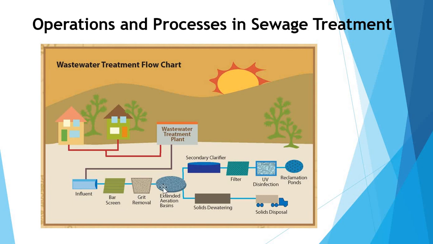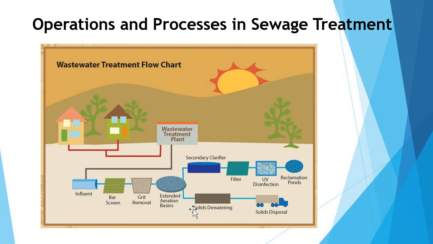Till this chamber, the treatment process is called primary treatment. After this, the sewage enters the secondary treatment, in which two types may be involved: one is the aerobic treatment and the other is the anaerobic treatment. Usually for a community water treatment process, we use the aerobic treatment process.